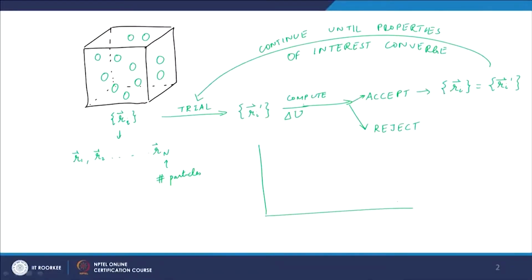So, we will have some equilibrium or equilibration phase, after which we will reach the equilibrium if the axis here is the number of Monte Carlo steps, and after we reach equilibrium then we get a particular positions of different particles in the system.